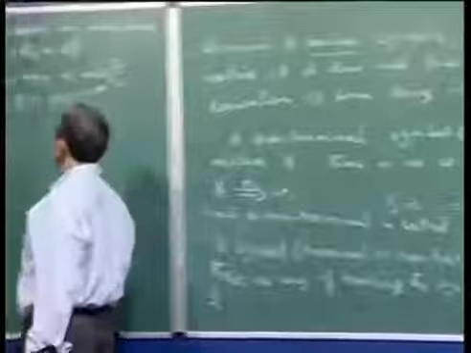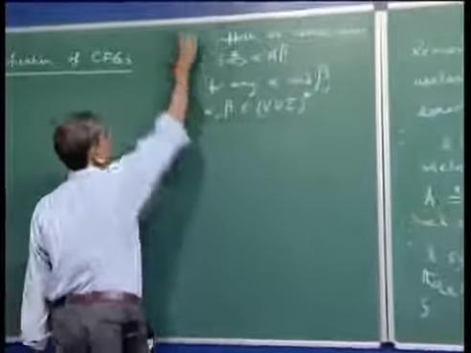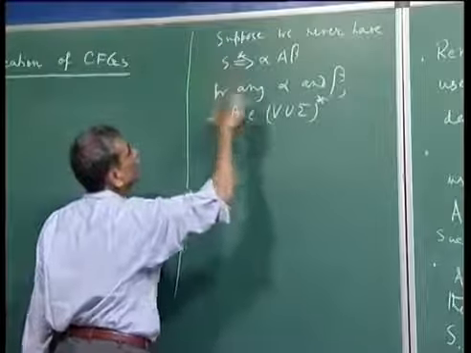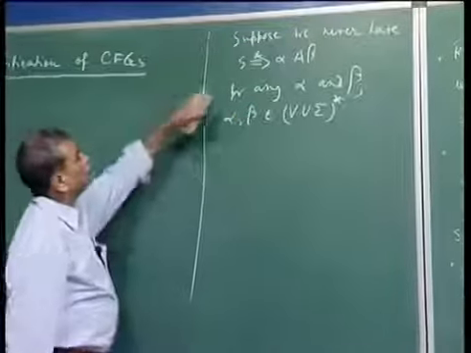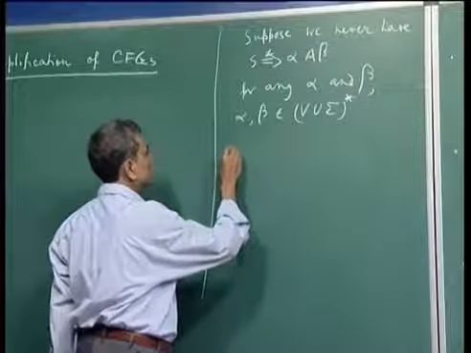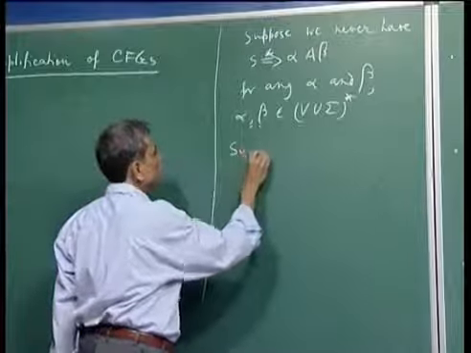And such symbols which are not reachable, they are simply called unreachable symbols.